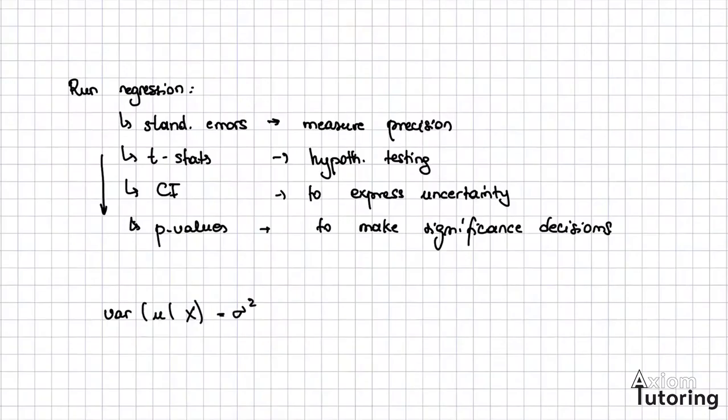This formula was derived under the assumption of constant variance, and it uses a single sigma squared to summarize the spread of errors across all observations. This is also the formula you see in every regression output table, and it is only valid when homoskedasticity holds.